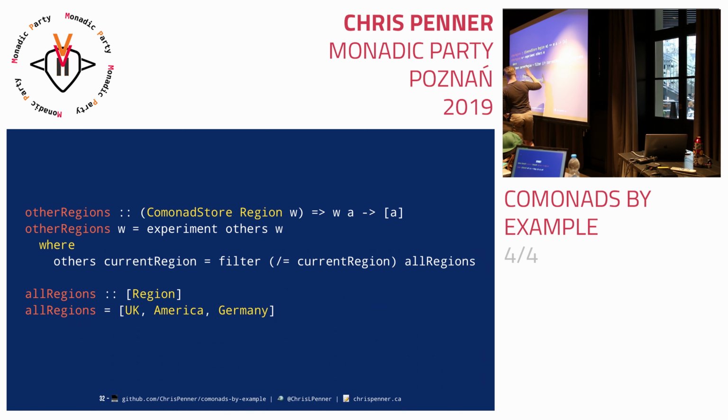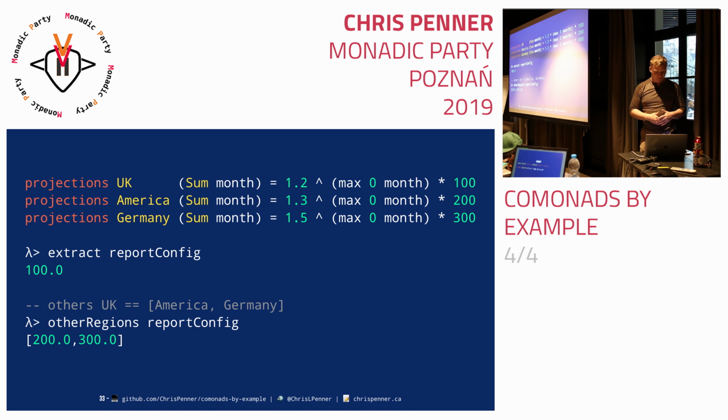So if we're calculating a report, we can say, okay, well, given the current region, I will find all of the other regions. Experiment will say, okay, sure, I'll find all of the other regions and calculate their reports for you. So it basically just allows us to look at many places at once and shuffle around the results.